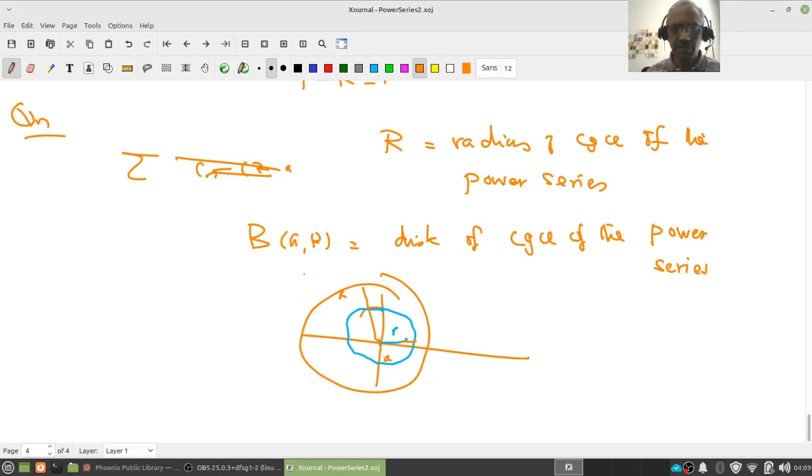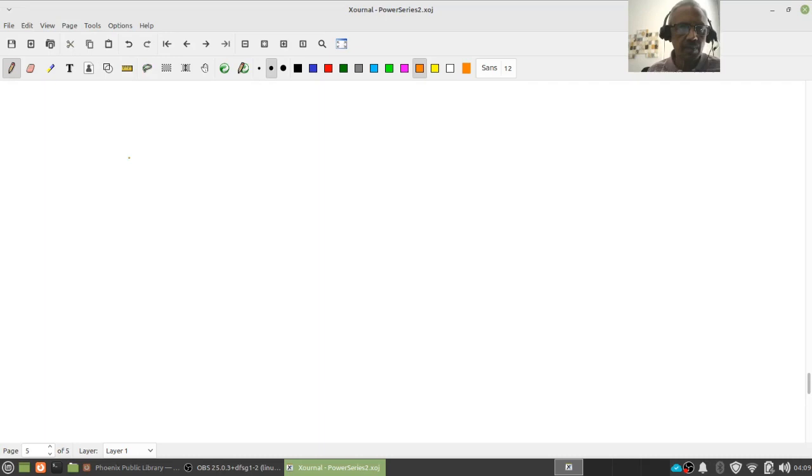Now you can ask whether this is uniformly convergent on B(a, R). This is the question. The answer is no. In fact, it's never.